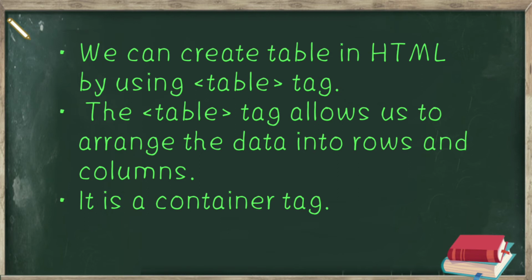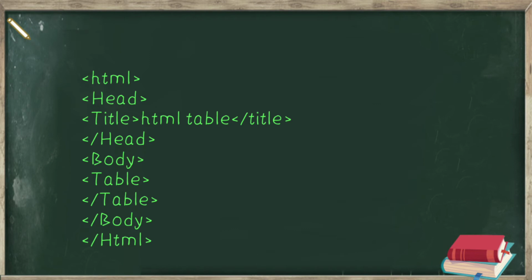Then we will be arranging the data in terms of rows and columns. As this table tag has an end tag or closing tag, it is considered a container tag.